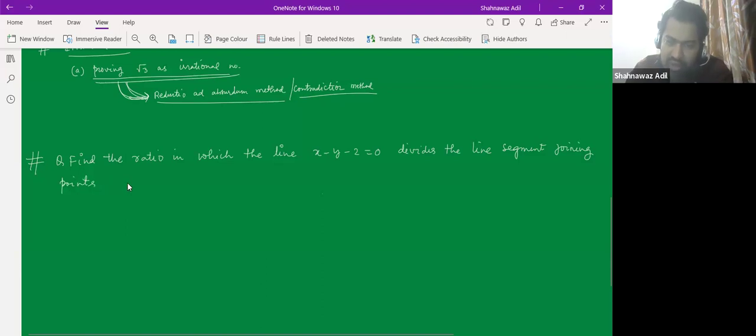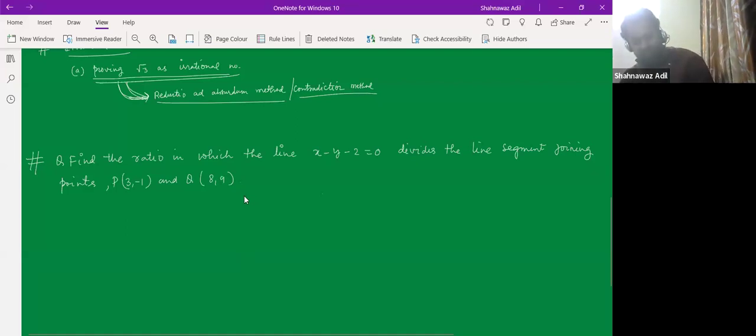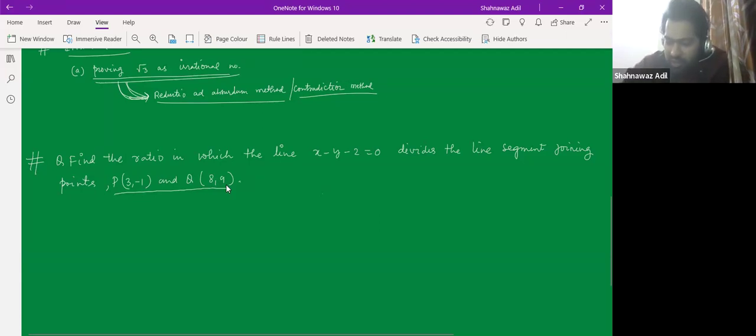Somebody was asking about, let's say, P and Q, which is 8 comma 9. So what would be the idea? Whenever these 2 points are given, we can directly calculate what?